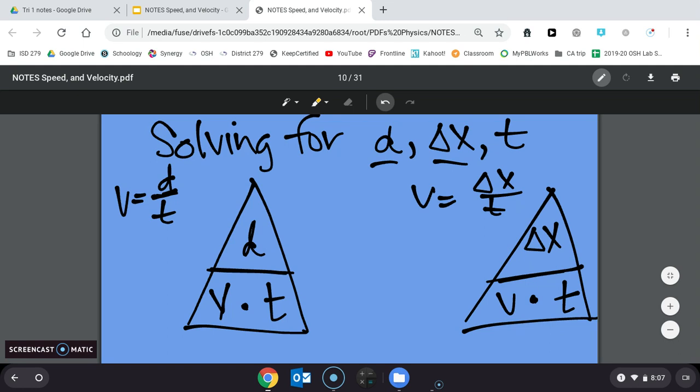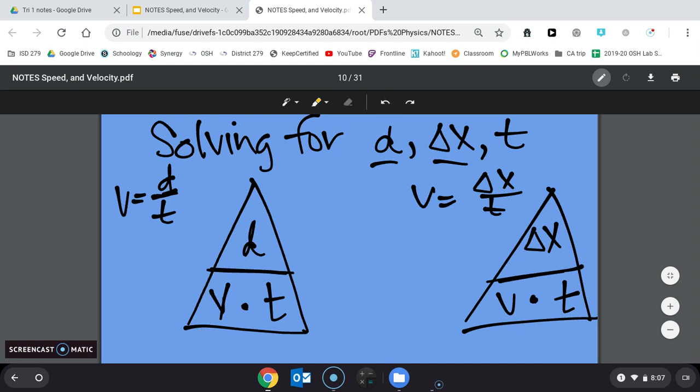The way that you use the triangle is that I cover up whichever variable I'm trying to solve, and what is left in the triangle shows me the math that I would do. So to illustrate that, if I wanted to solve for V, we already know that V is D over T. So if I cover up V, and I'm crossing it out since you can't see me covering it up, I'm left with D over T, which is exactly the equation that I want.